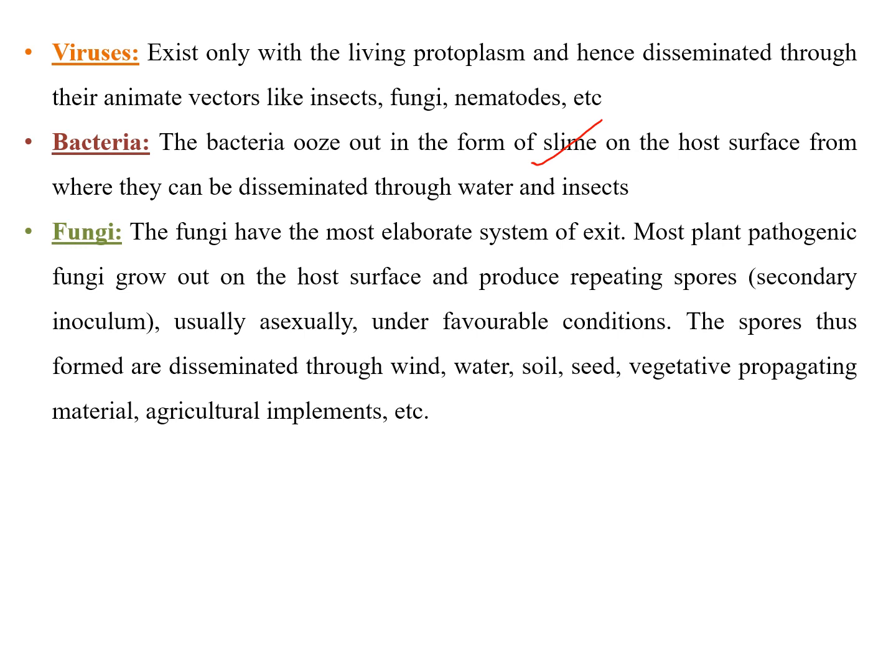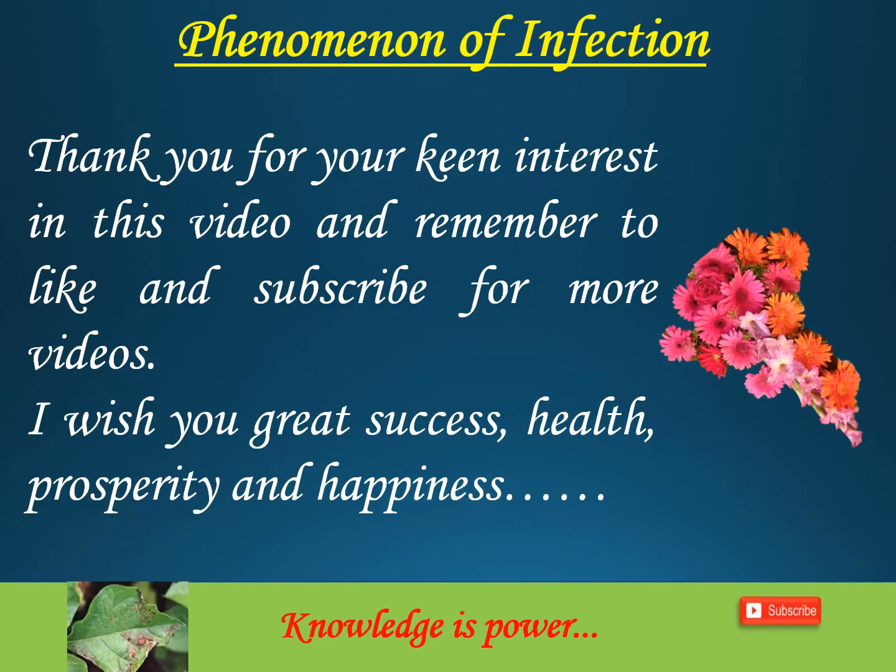These asexual spores are produced in large numbers and spread to other host plants. The spores formed are disseminated through wind, water, soil and seed material, through vegetative propagating material and agricultural implements. This is about today's lecture.